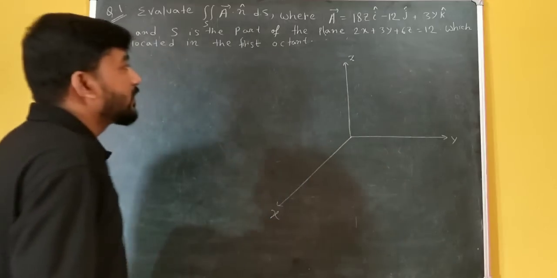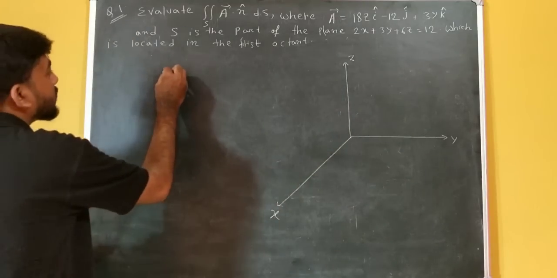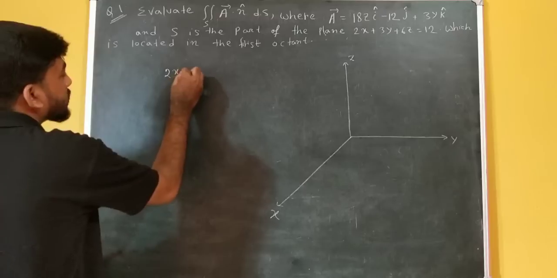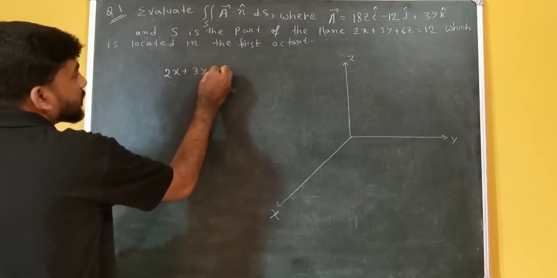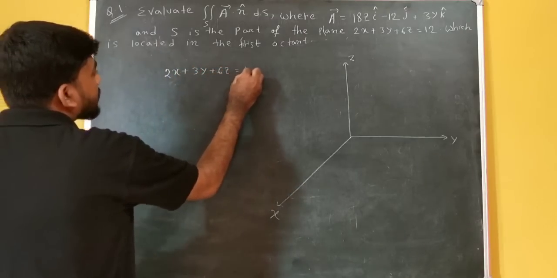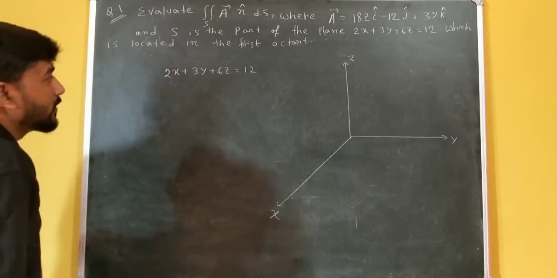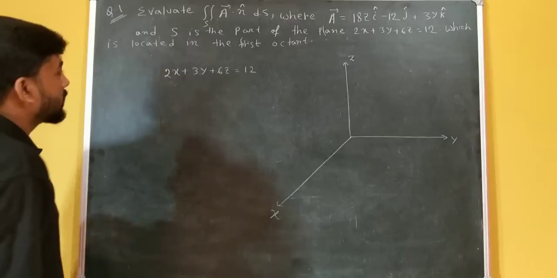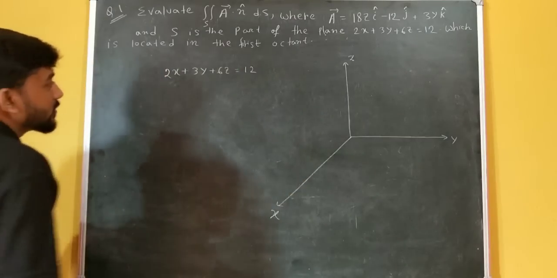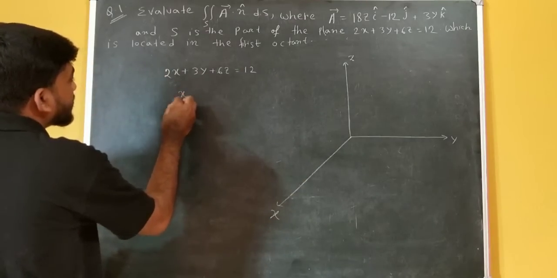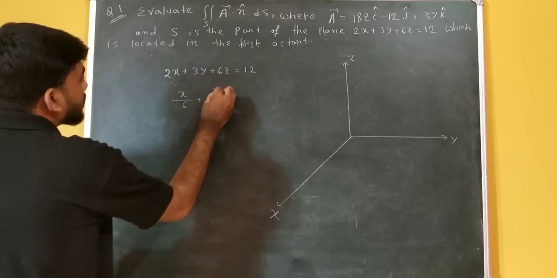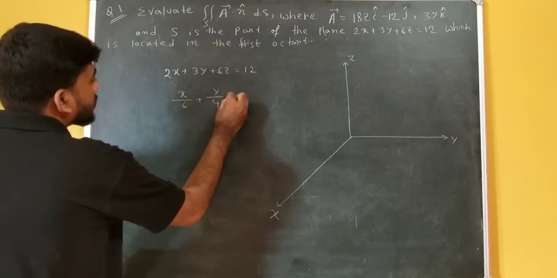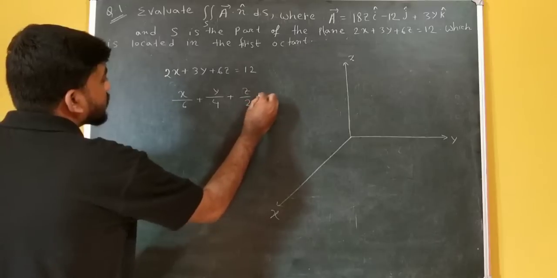Now we have the equation of the plane as 2x plus 3y plus 6z is equal to 12. Let me put this equation in intercept form, so let me divide the whole equation by 12. It will be x divided by 6 plus y divided by 4 plus z divided by 2 is equal to 1.